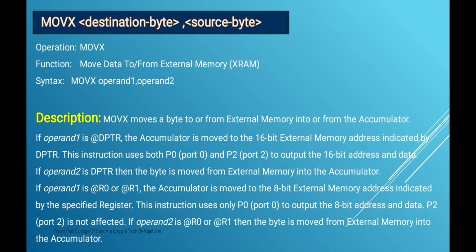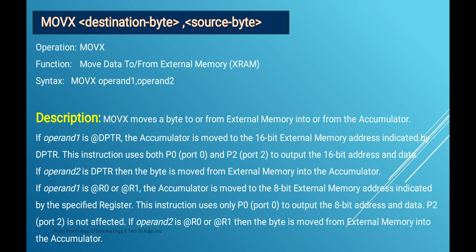If operand 1 is @DPTR, the accumulator is moved to the 16-bit external memory address indicated by the DPTR. This instruction uses both port 0, that is P0, and port 2, that is P2, to output the 16-bit address and data. If operand 2 is @DPTR, then the byte is moved from external memory into the accumulator.